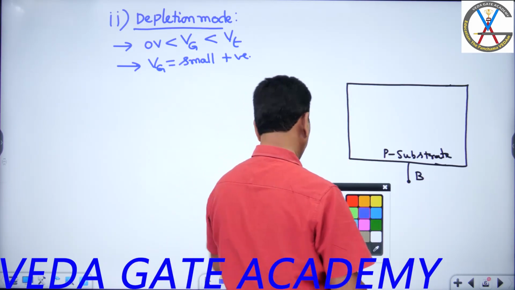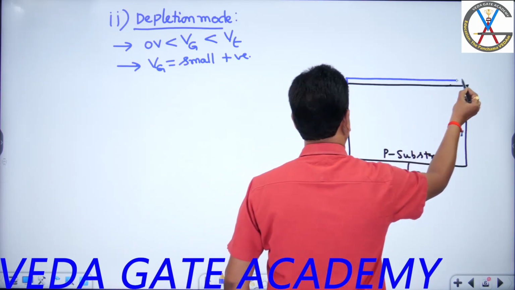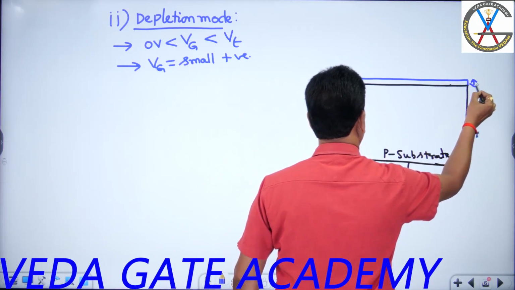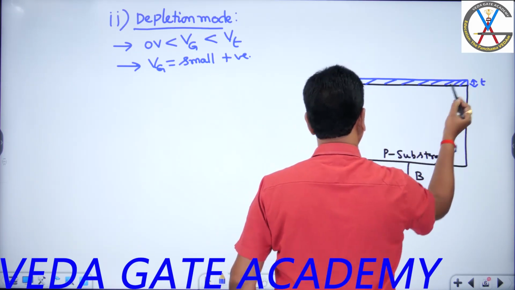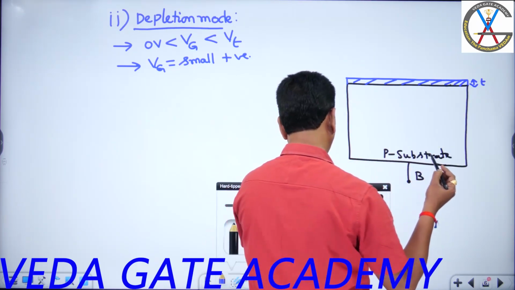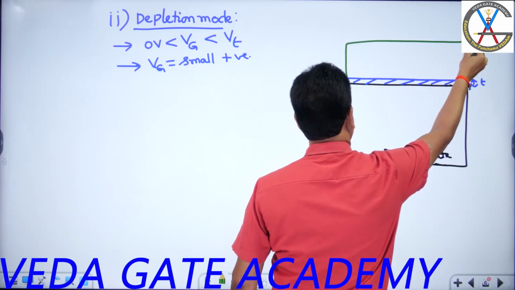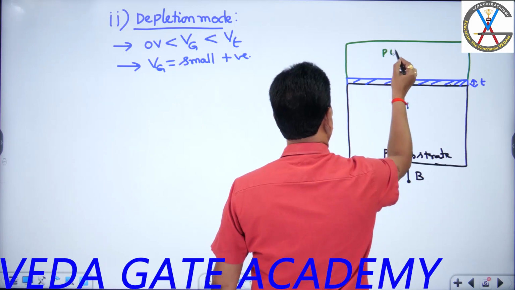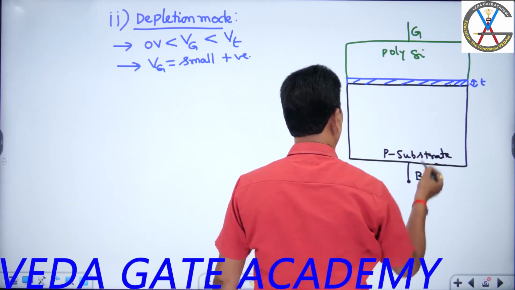So the oxidation coating, thickness is T, you know. Right, sir? So the polysilicon material, you know, P plus or N plus, students. Okay, this is the gate, you know. This is the body terminal.